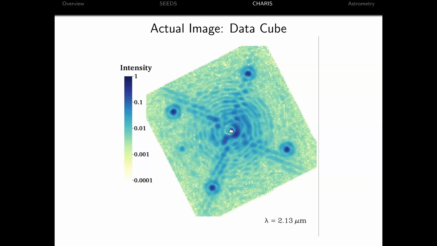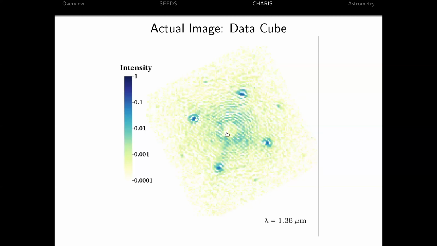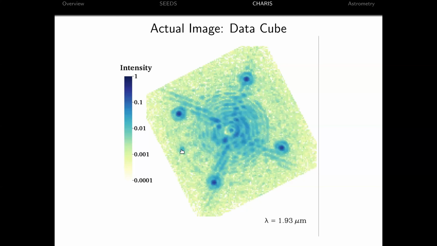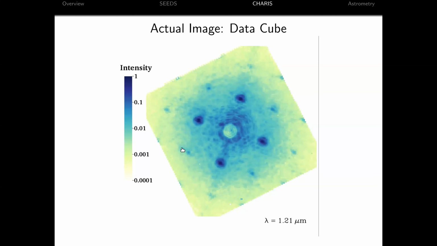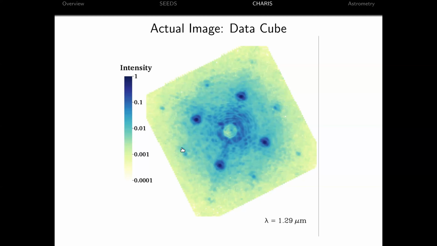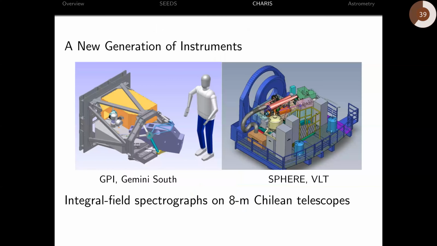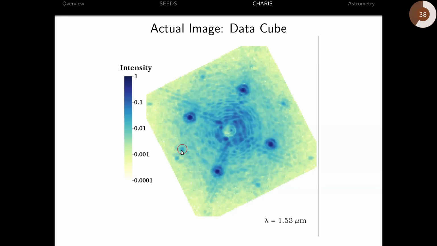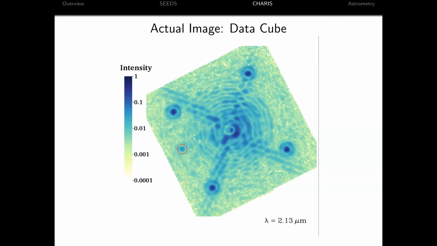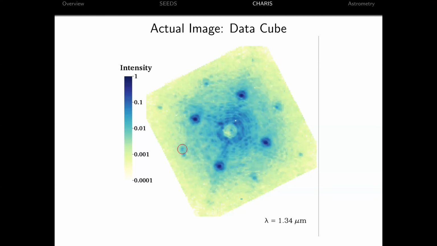But there's one little thing that isn't growing with the image. If you look closely at this point over here, which I'll circle now for convenience, there it is. So now I've circled this little point. It is not moving outward with wavelength.